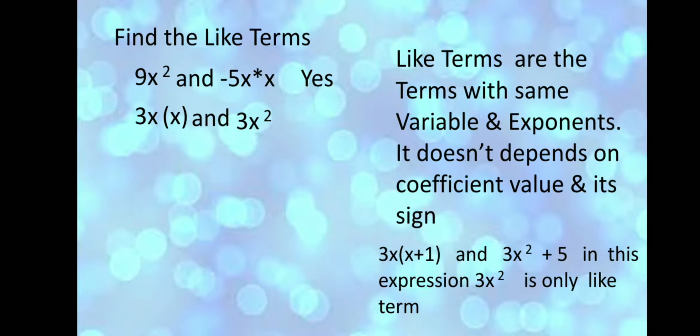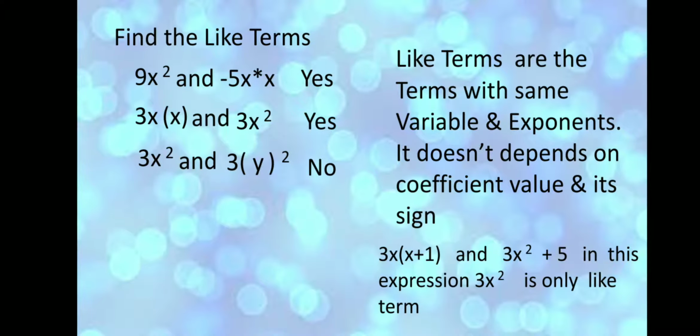Now, is this a like term? Yes, it is, because you will be multiplying 3x into x, which will give you 3x square, and you have 3x square. So again, this is a like term. Now, is this a like term? No, it is not.